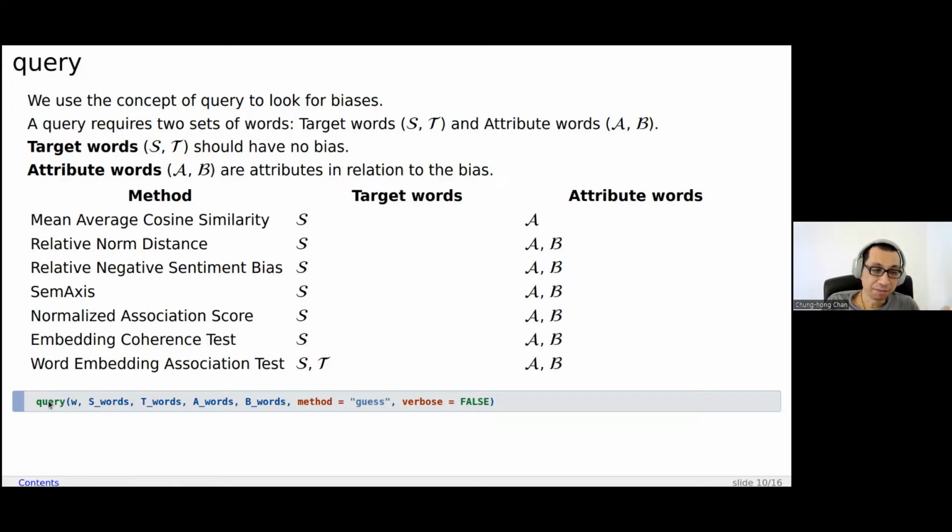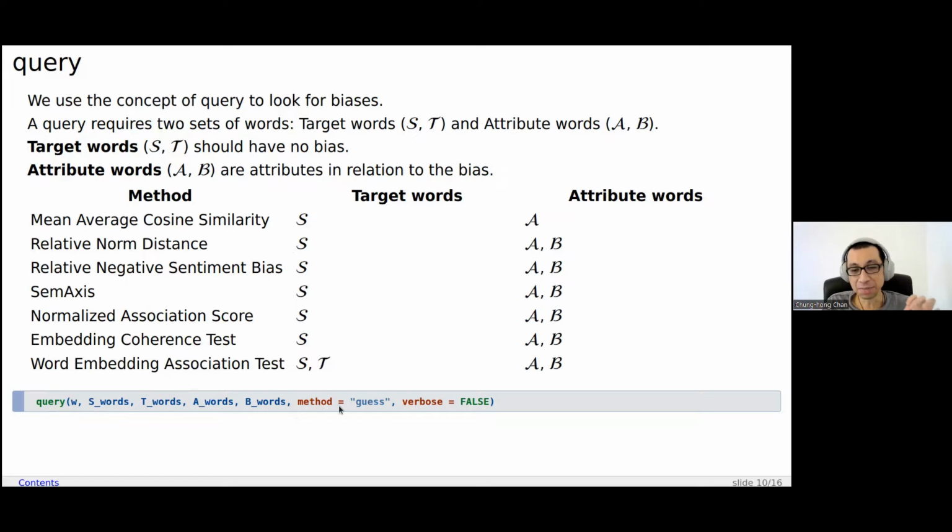The package provides a function called query, and it requires W, which is the word embeddings, and then S words, which are the target words, and I call it S, and then another set of target words if it is needed, and then two sets of attribute words.